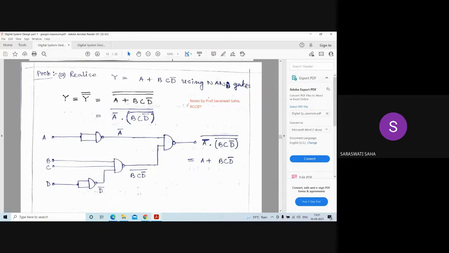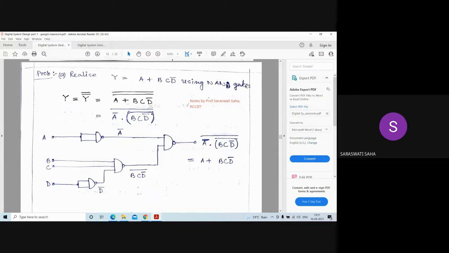So NOR is equivalent to bubbled AND. Clear? Yes, ma'am. Then one complement is again there.